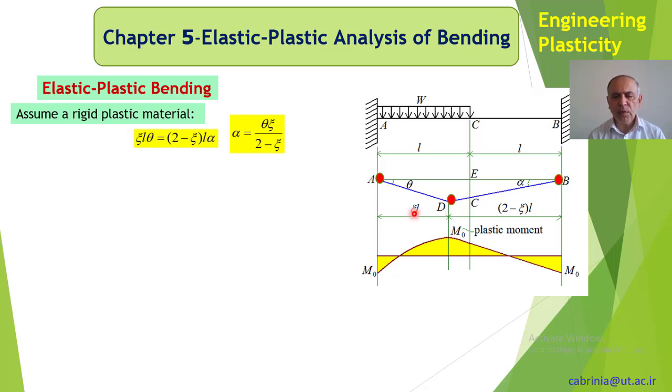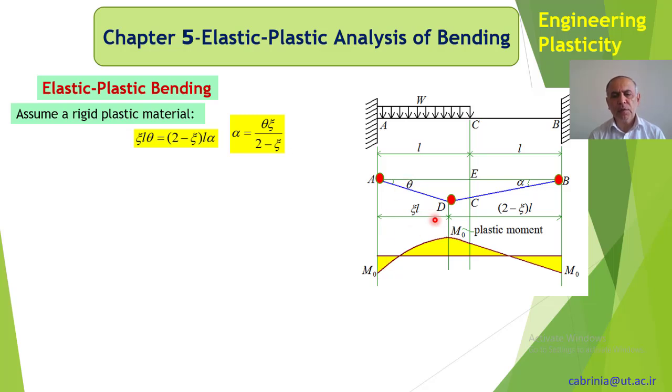That's why we have used this parameter xi. That's xi times L. So that's just a parameter, just a factor, times L, which makes it less than 1. That's xi is less than 1, so times L becomes less than L. So that's xi L, and that's (2 minus xi) L, because that's 2L minus xi L. Also we take this angle alpha, and we take this angle theta.